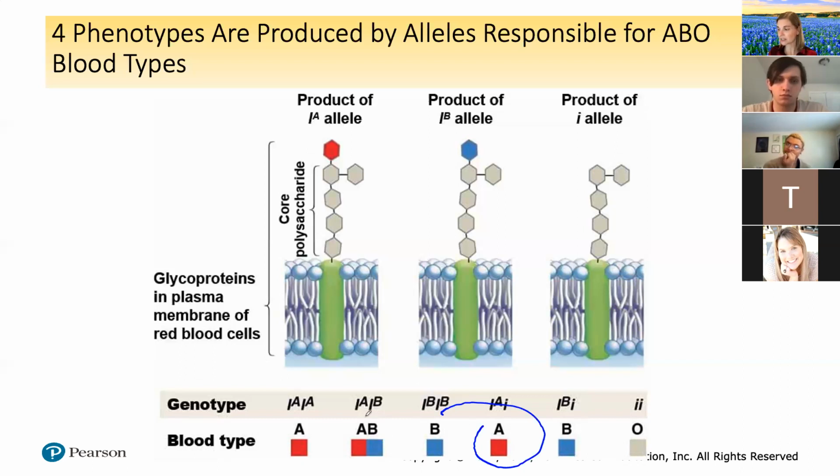Now, if your parents were A and B, and one donated the A and one donated the B, you would end up having AB blood, meaning that on top of your red blood cells, you would have both of these polysaccharides sticking out. But if you have O blood, that means that you inherited the little i from both parents. And so your cell isn't going to be expressing that top polysaccharide at all. It's just not there.